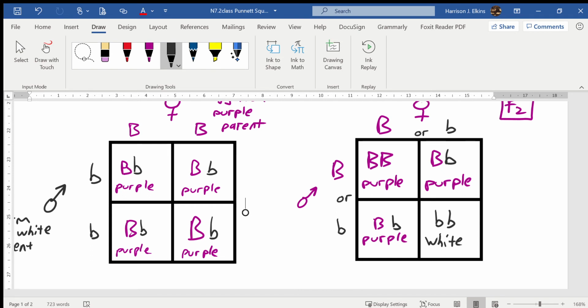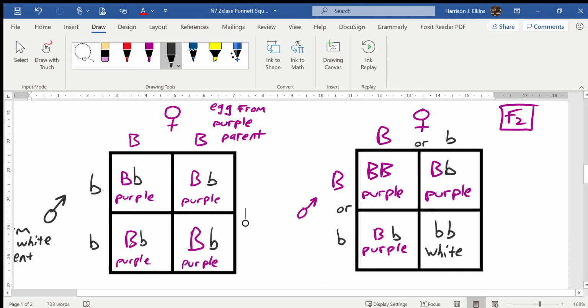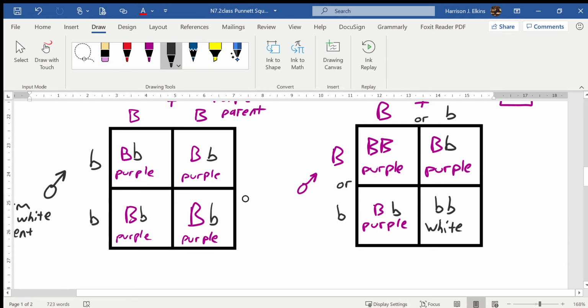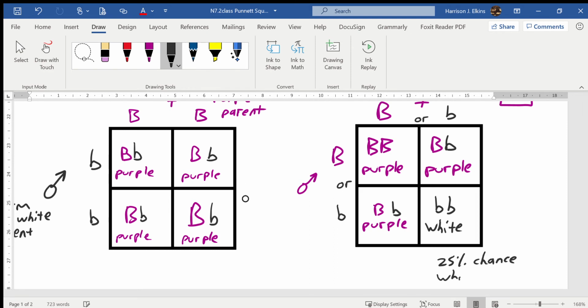Wow. All right, so what can we visualize from this diagram? This Punnett square shows us the possibilities of the phenotypes. So here we have a 25% chance of there being a white offspring.